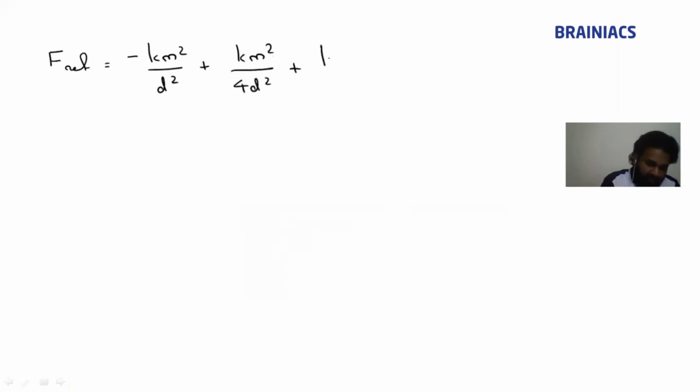So F net is equal to minus K M square by D square plus K M square by 4D square plus K M square by 4D square, and one was minus, that is K M square divided by 9D square. We will take K M square by D square outside.